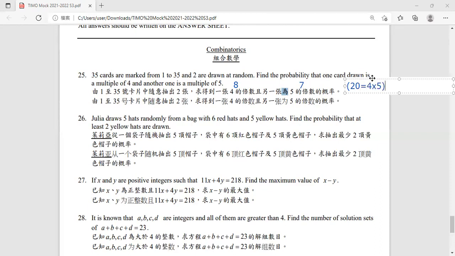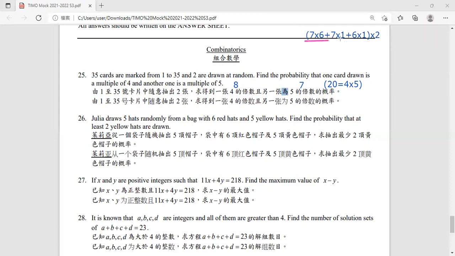So you have to consider the case where we have drawn the card 20. So the total probability will be 7 times 6, because the first one is a multiple of 4 and the other a multiple of 5, plus 7 times 1, plus 6 times 1, and then multiply by 2.